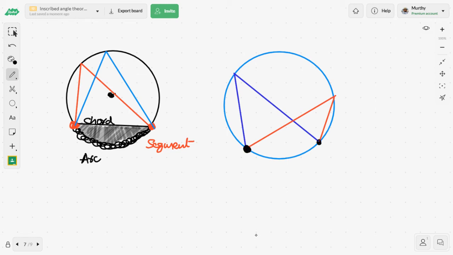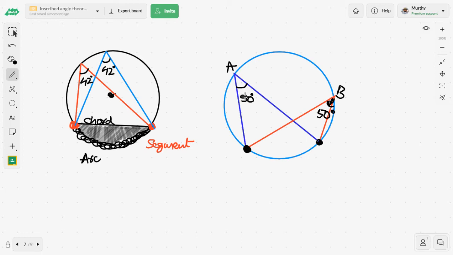Then you will find that the measure of angle A and the measure of angle B will be the same. For example, angle A equals 50 degrees, and this one will also be 50 degrees. In case 1, say this is 42 degrees and the other angle is also 42 degrees.